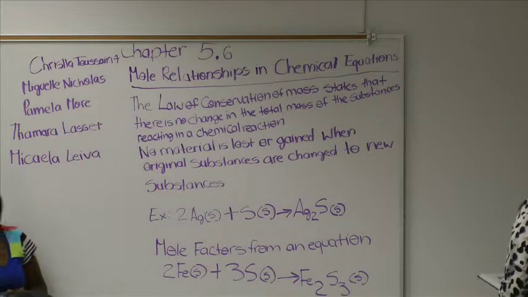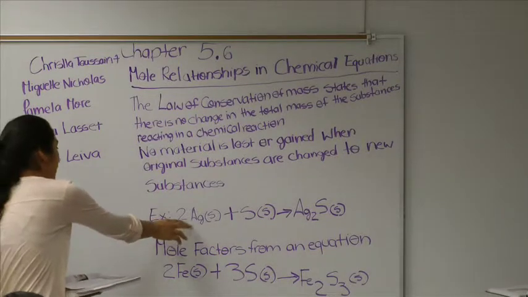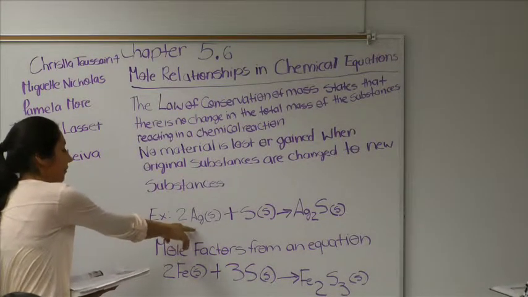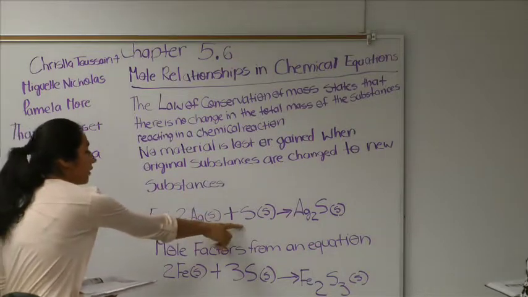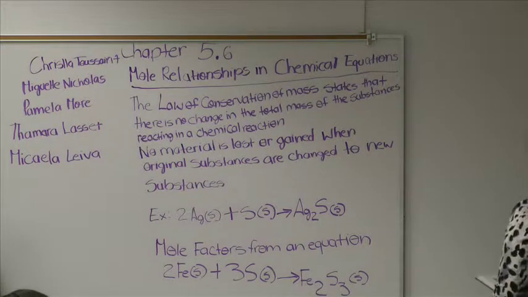For example, the equation shows two silver atoms and one sulfur equals two silver and one sulfur, meaning you cannot lose or gain any more than what there is.